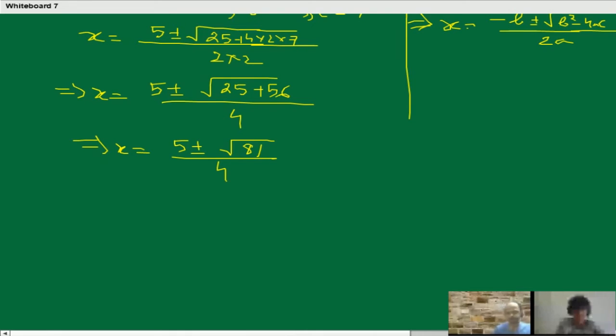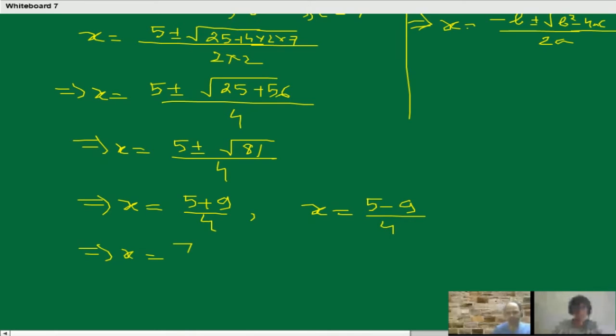It can be plus 9, so 5 plus 9 over 4, which gives us 7 over 2 simplified. Or it can be minus 9. So you rightly said this would be 7 over 2 and this would be negative 1.